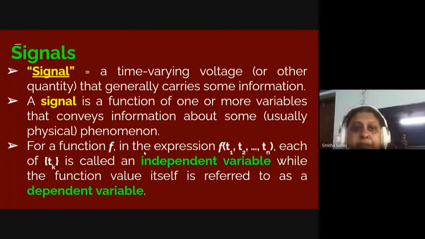For example, if you take a function f in the expression f of t1, t2, up to tn, each of the variables tk is called an independent variable, while the function value itself is referred to as a dependent variable.